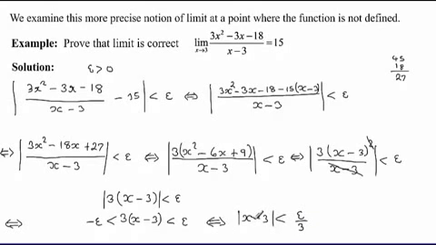So now we see that if we want to guarantee that the values of this rational function are within a distance epsilon from 15, we must choose the values of x within a distance of epsilon divided by 3.